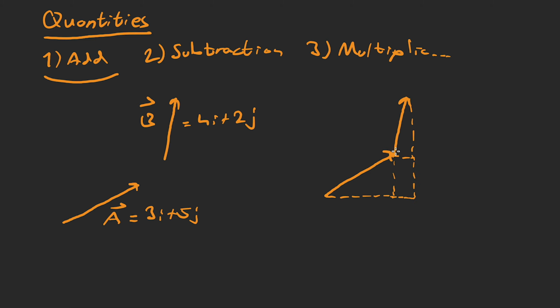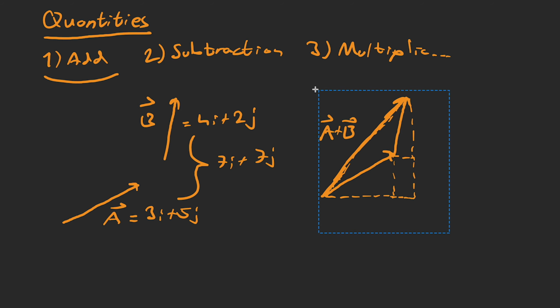And when we place these two vectors from tip to toe, we can end up with the hypotenuse of our bigger triangle. And that will give us the resulting vector, A plus B. For our case, we can say that it's 7i plus 7j.